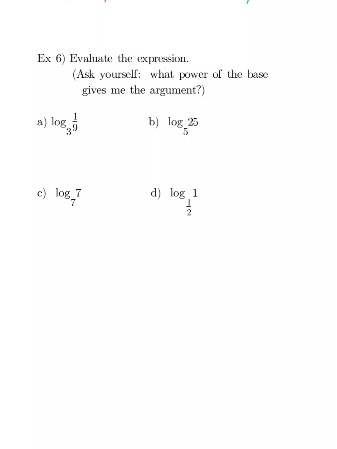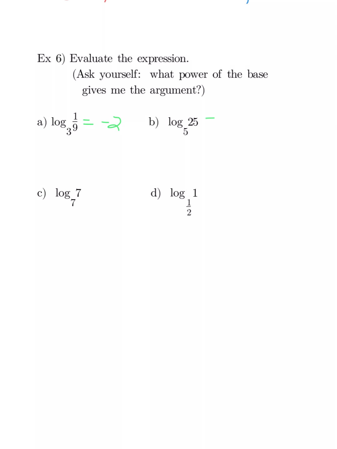So on A, when we have log base 3 of 1/9, what power of 3 would give me an answer of 1/9? Well, the 9 is the power of 3, that's 2, but it's in the denominator. So because it's not a whole number, it's in a fraction, that tells me that this was originally a -2 power.